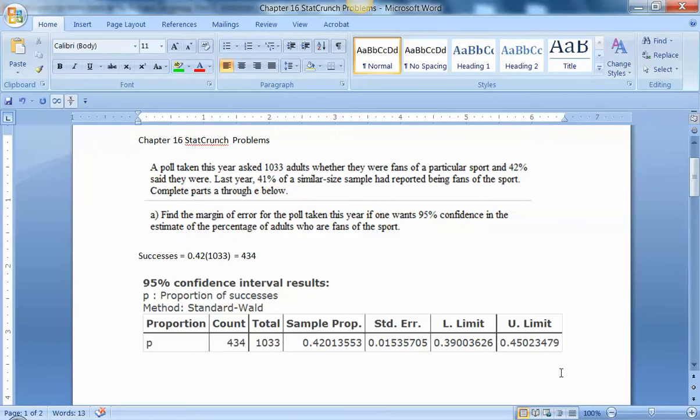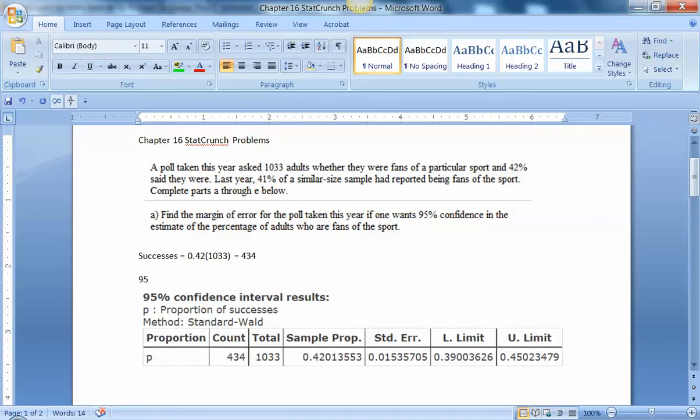Our confidence interval goes from a lower bound of 0.390 up to 0.450. I'm putting it in here: the 95% confidence interval goes from 0.390 up to 0.450. The reason I'm only taking 3 decimal places is because that's how they ask you to give the answer.